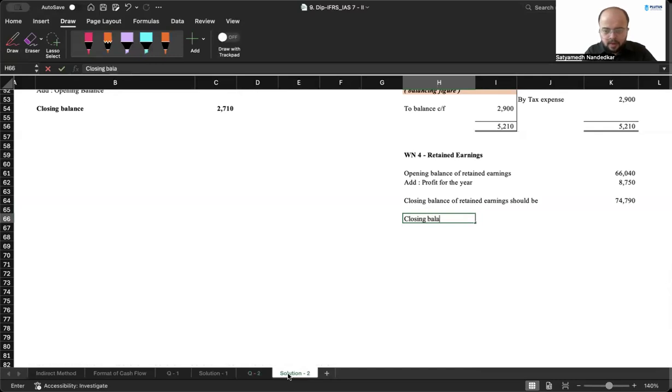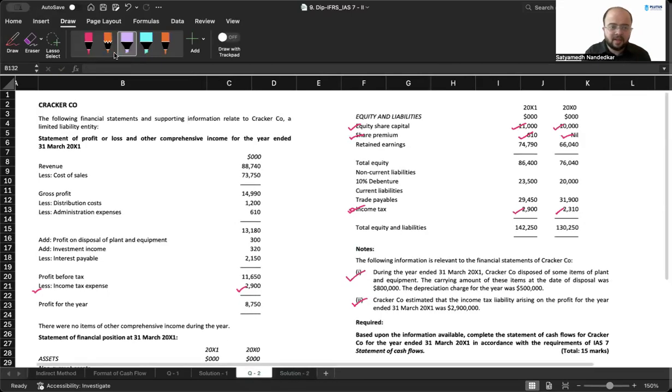And closing balance of retained earnings is the same, that means no dividend paid. Okay, fair enough. But you have tackled everything now. You have tackled all the balances of retained earnings. You have checked for any hidden adjustment that you have gotten rid of. So this is also done.